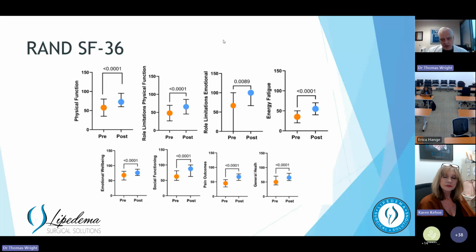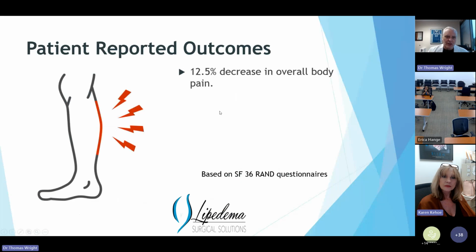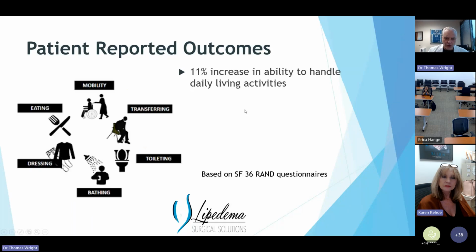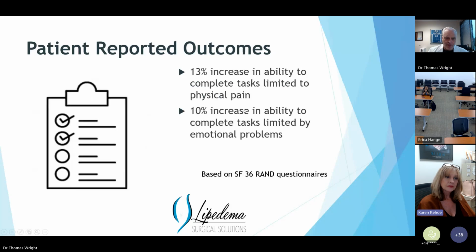And they all improved significantly after surgery compared to prior. There was a 12% decrease in overall body pain, a 12% increase in overall health, an 11% ability to handle activities of daily living, and a 13% ability to complete tasks.